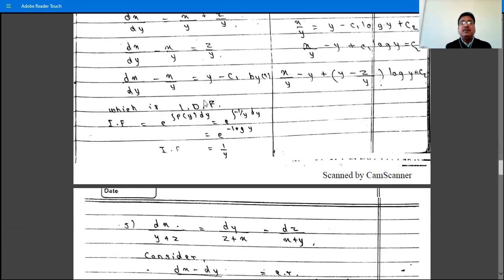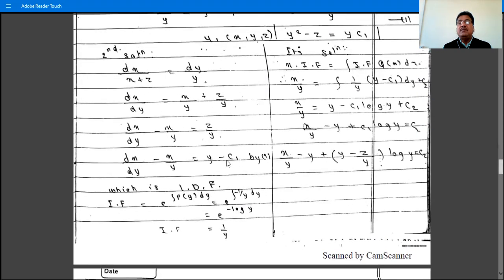Py is the coefficient of x, which is what? Minus 1 by y. So its integration is minus log y, and e raised to minus log y is y raised to minus 1, that is, 1 by y is the integrating factor. And therefore the solution of this differential equation is what?